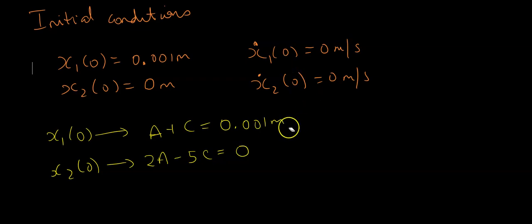And maybe I could just get rid of this meters here so that you could see how it's a simultaneous equation. And I can solve that simultaneous equation because it's just a and c. So if I solve for a and I solve for c, what am I going to get?